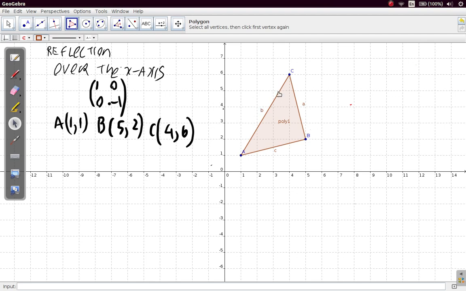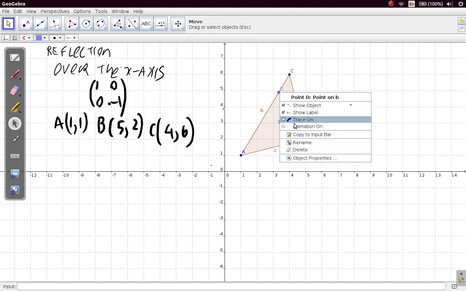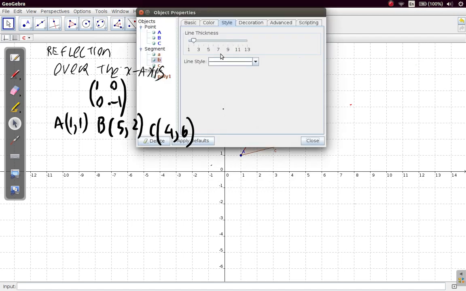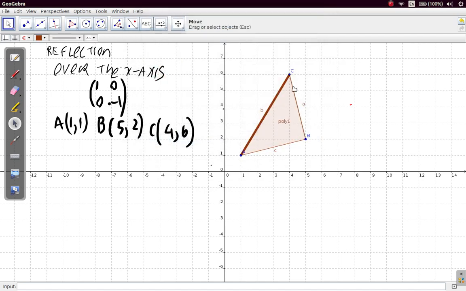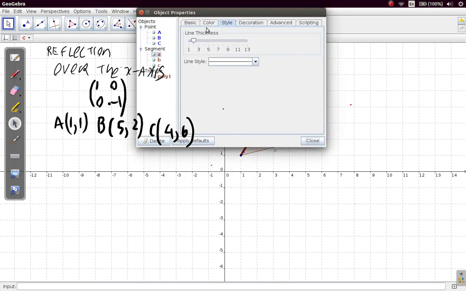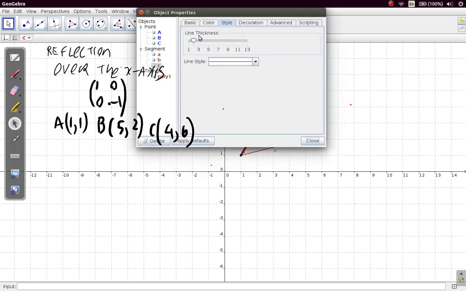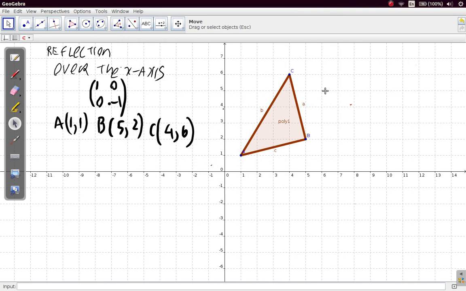So that's our triangle. Let us now make some adjustments. Let's make the sides of our triangle thicker so we can see them. So we start with this dark red triangle, and we make the sides quite thick.